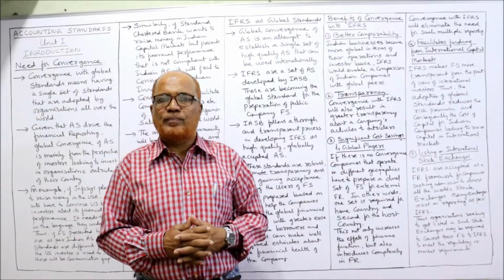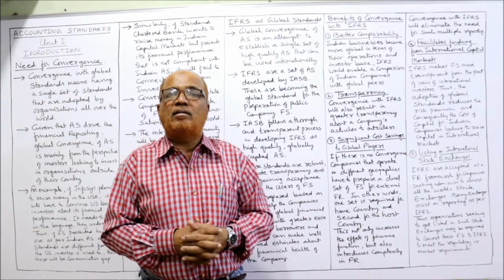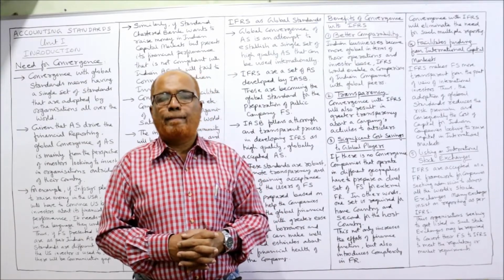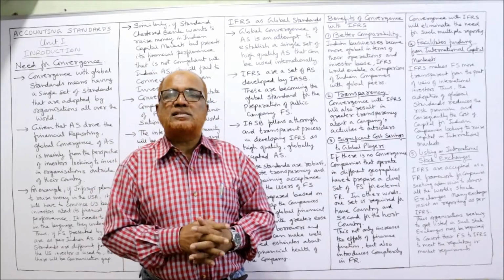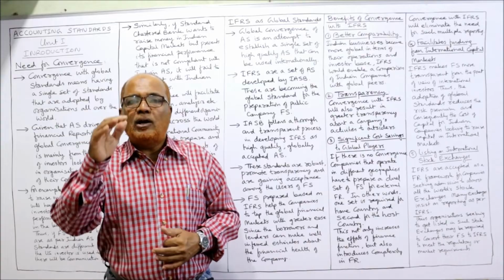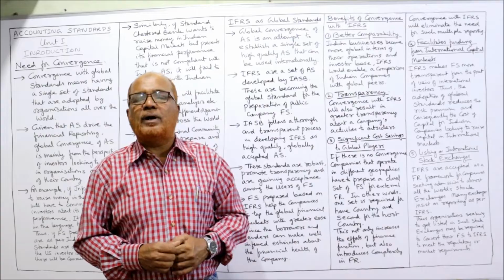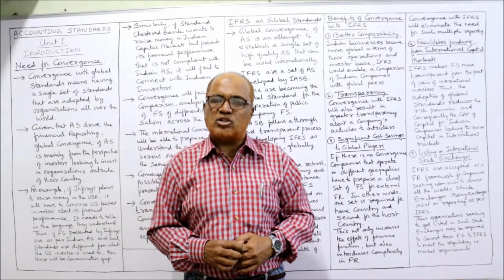Lenders want to see where they can get a higher return on their investment. So the company's cost of capital will become lower. That is the advantage to companies. At a lower cost of capital, a company can procure the funds internationally.